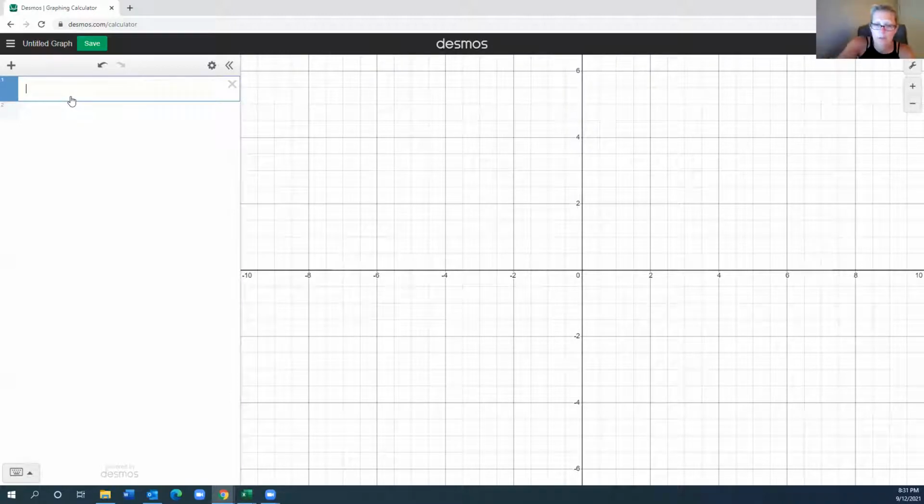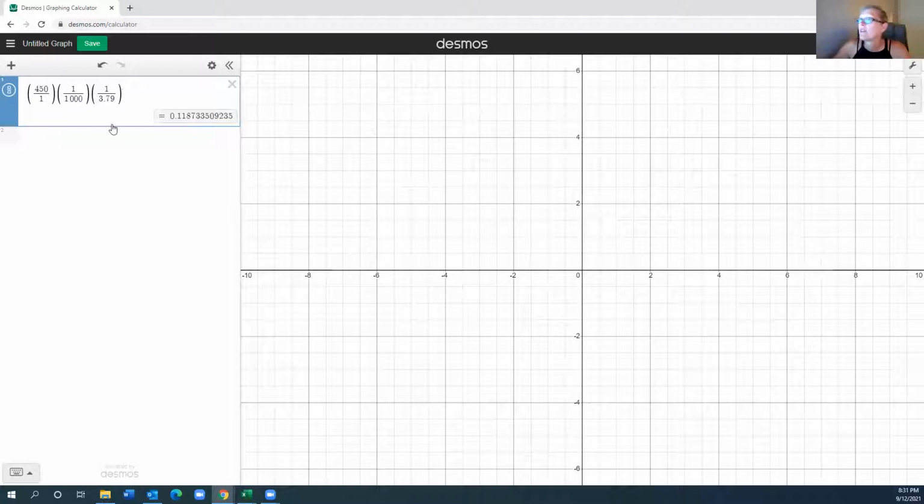Okay, let's try it again. Parentheses 450 divided by 1. And then 1 divided by 1,000. And then 1 divided by 3.79. That's what I meant to show you. So then we get 0.12 when we round it.